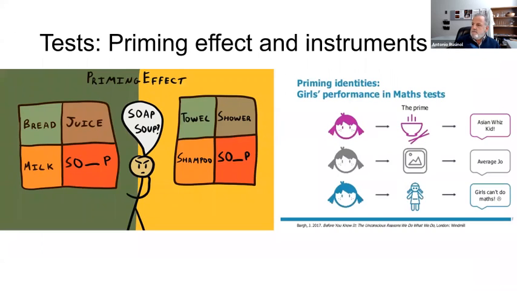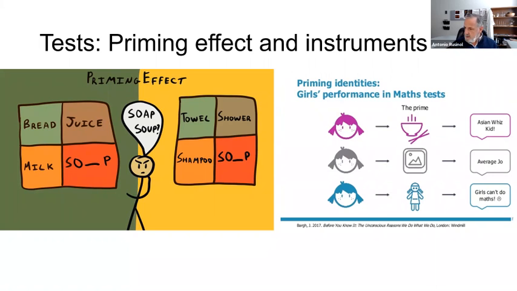But anyway, how do we measure those unconscious biases? There are several instruments or measures that scientists in the field of social psychology have designed. The most common ones are the priming instruments, to measure the priming effect.